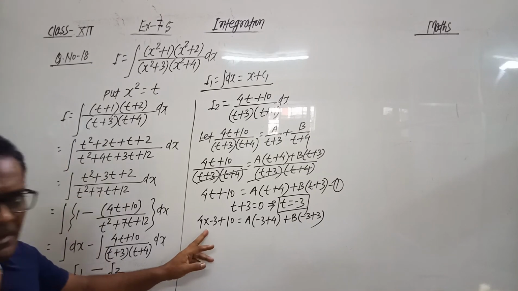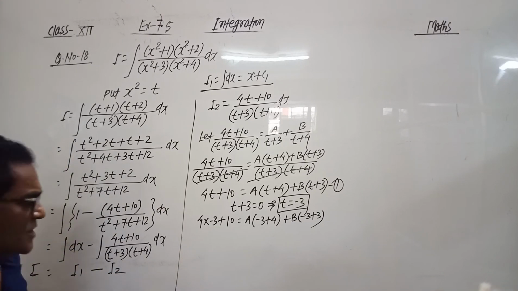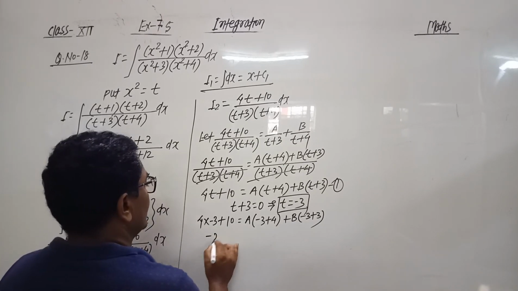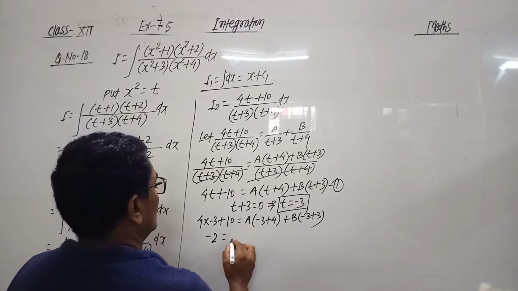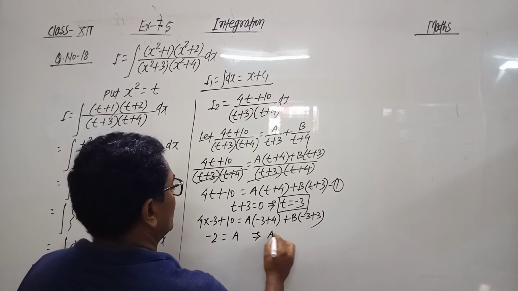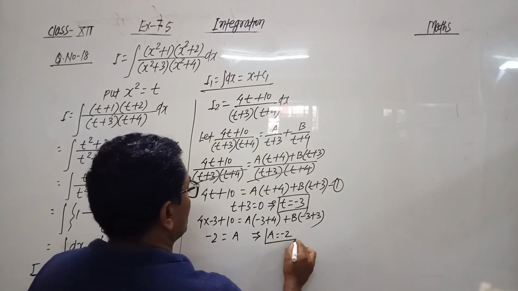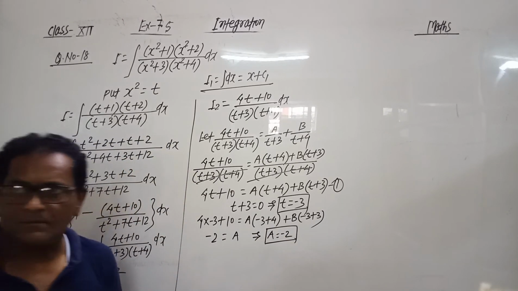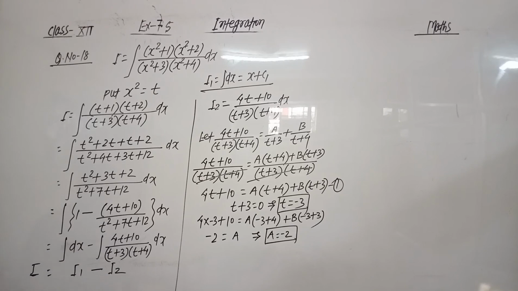So this becomes minus 12 plus 10, which is minus 2 equals A, and this becomes 0. So the value of A comes to be minus 2.